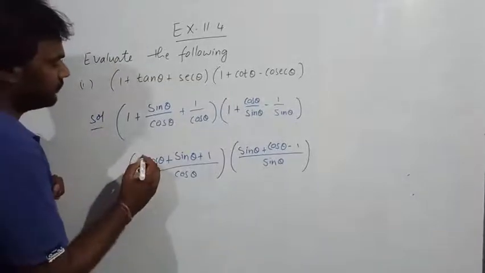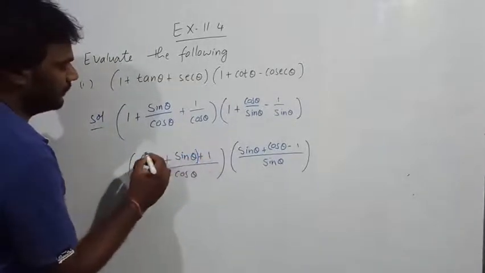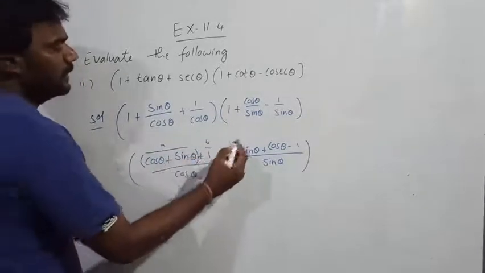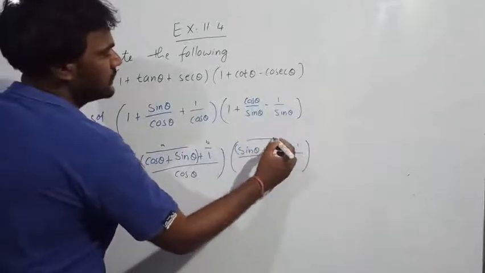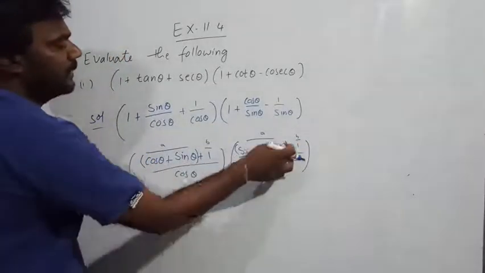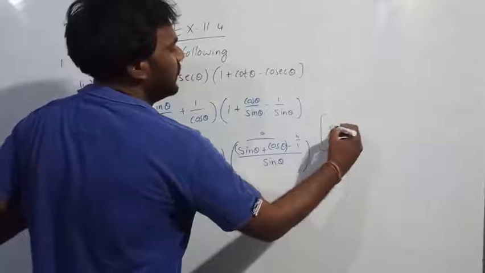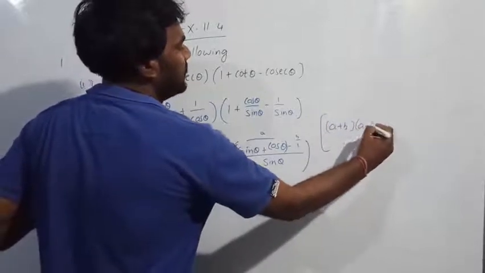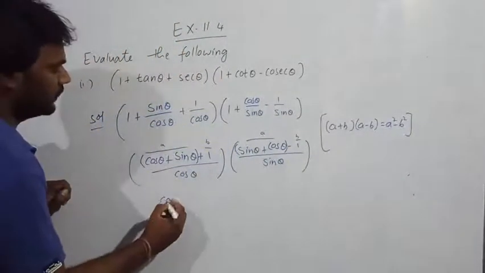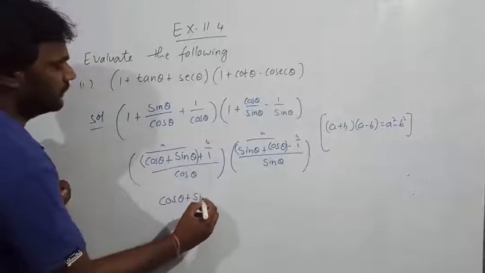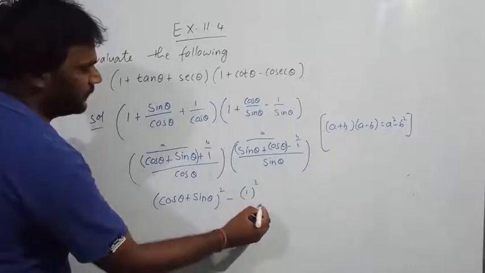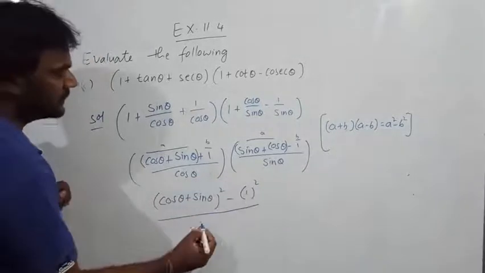Now see here, this total assume to be A, this one B. So A plus B, this is A minus B. So already we know A plus B into A minus B is what? A square minus B square. So cos theta plus sin theta whole square, A square minus B square by cos theta into sin theta.